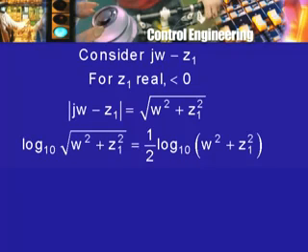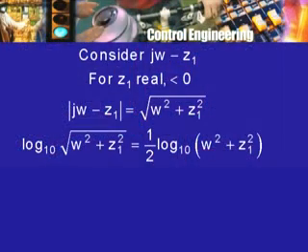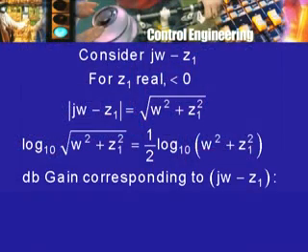Now, this is going to be multiplied by 20. So, the net result is that the dB gain corresponding to a factor like j omega minus z1 with z1 real, and I have said less than 0, but it does not really make a difference if z1 is greater than 0. Why? Because I am squaring it anyway.